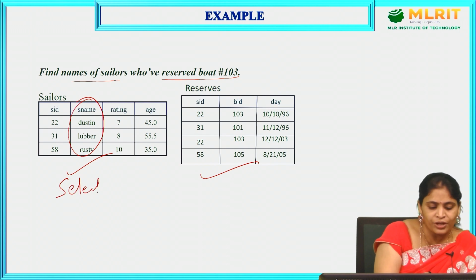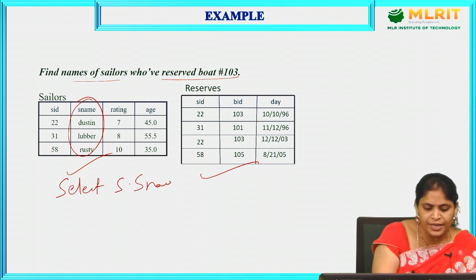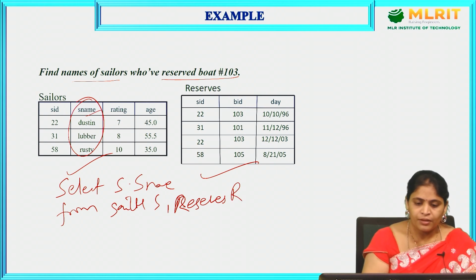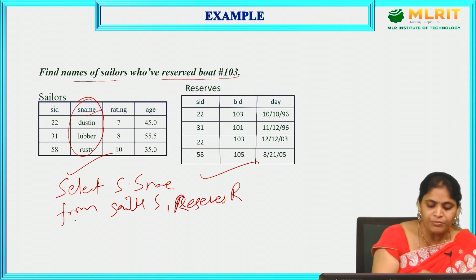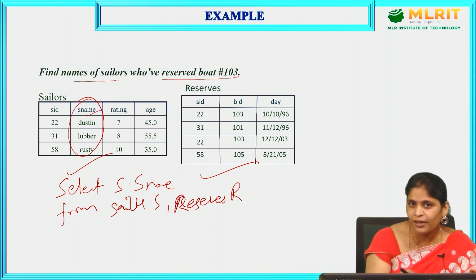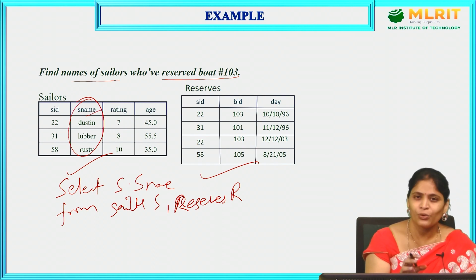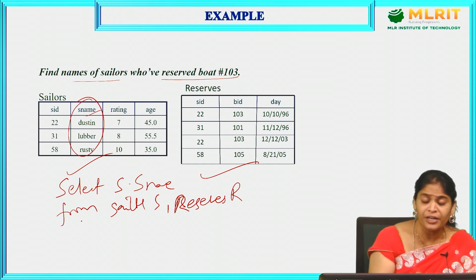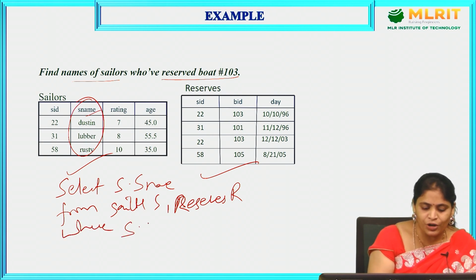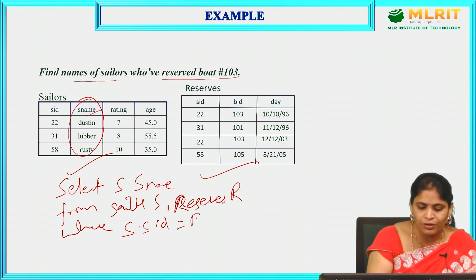What query do I have to write? Select S name, because I want the names of the sailors, from sailors S, reserves R. This is a general query; I am not writing the nested or correlated nested representation, just the general representation. Where S.SID is equal to R.SID.